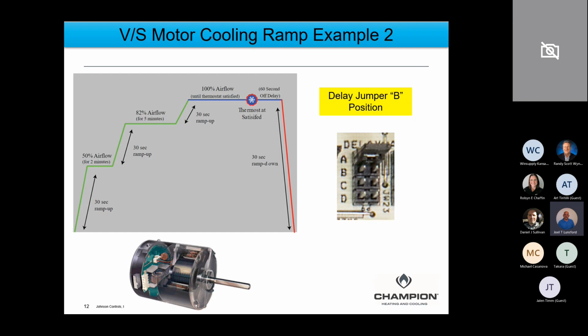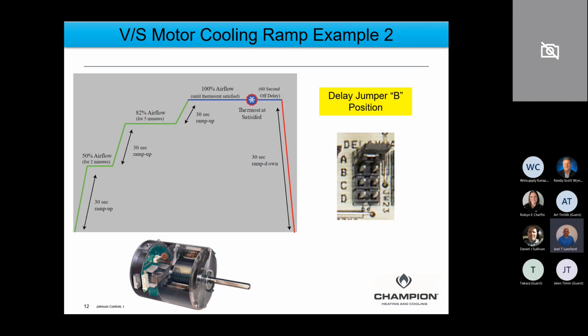Yes, that's the idea. So for 2 minutes, it's going to be running at 50% airflow. And then after 2 minutes, if the call for cool's still there, it'll ramp up to 82% airflow for 5 more minutes. So we're running this reduced airflow on this unit, on this B, this humid profile.